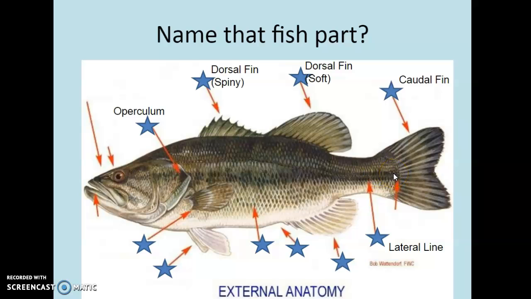Like in football, when you pitch the football sideways, they call that a lateral. So the lateral line is a set of sensitive cells that the fish has for noting different changes in pressure, electrochemistry in the water next to it. So it can actually respond with a reflex as another fish might be swimming next to it.